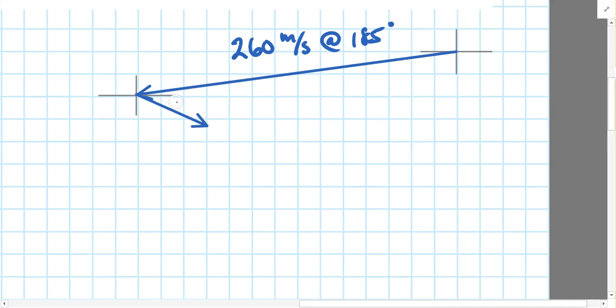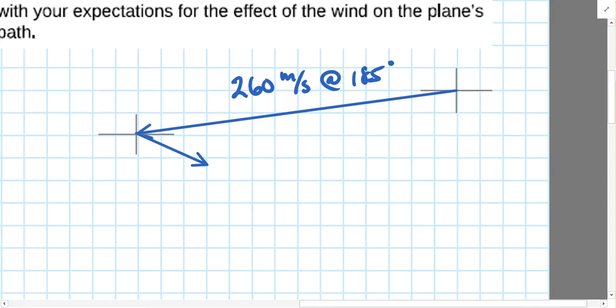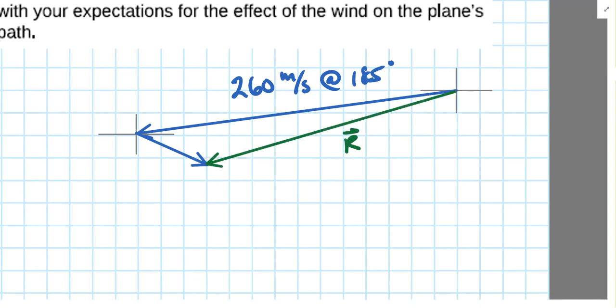And I'm trying to make that line much shorter than the original, about 1/7 of the size. And of course the result is going to be this arrow here. So this is our resultant that we're after. And I better make note of this. This was 35 meters per second at 340 degrees.